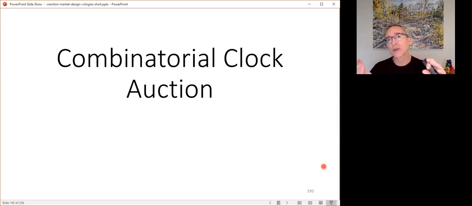And the guys are just putting together desirable portfolios of spectrum that the amazing handsets can handle and their software-defined radios in their cells. So in fact, typically we don't need the full power of this combinatorial clock auction, but it's there in instances when we do, when the complementarities are very strong and there's lots of lumpiness.